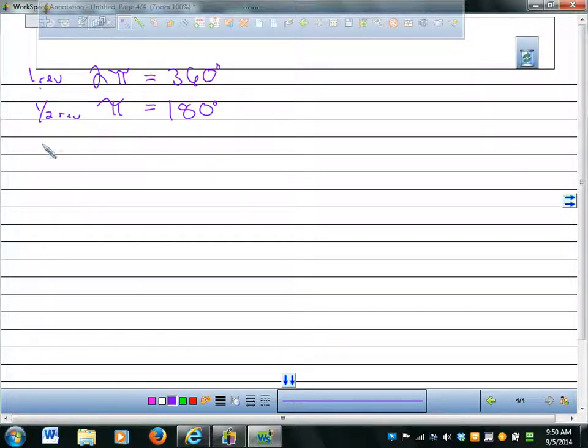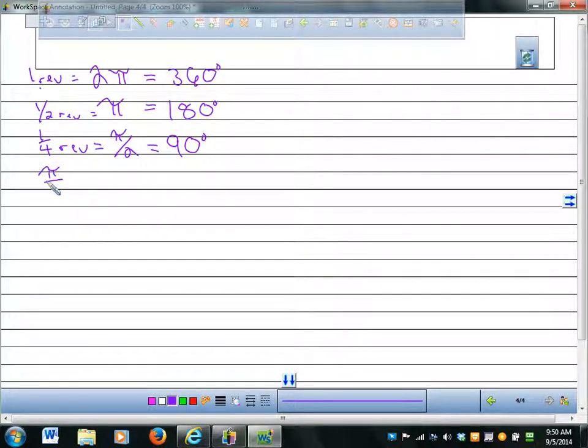And then you could kind of do that. Some ones that come up a lot: 1/4 of a revolution equals how many radians? Pi over 2 radians. Good. And that's equal to how many degrees? 90 degrees. And then some other ones that you'll see quite a bit.